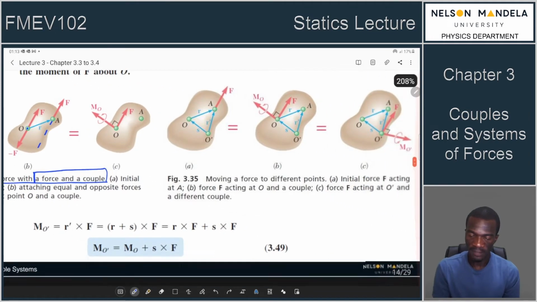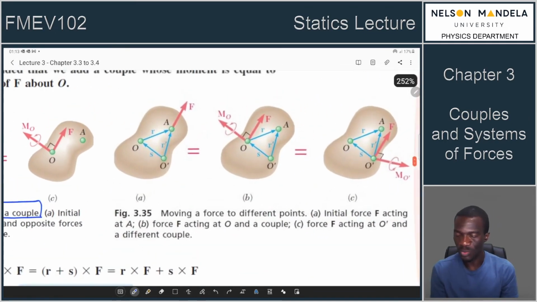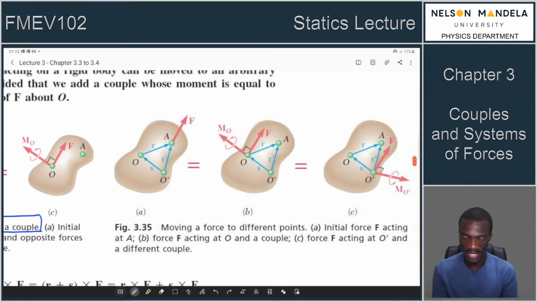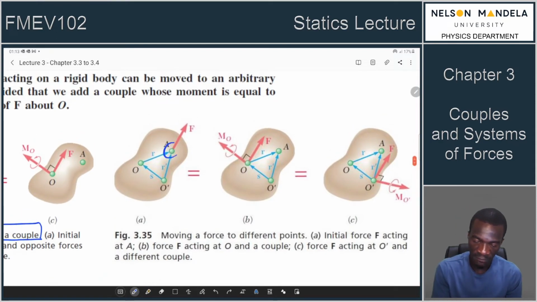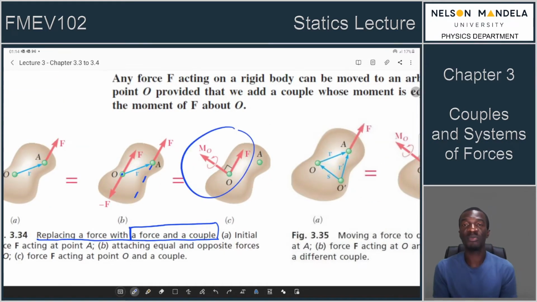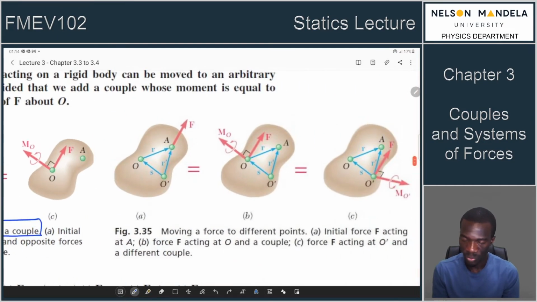Okay, so if you are to do it onto any other arbitrary point, remember we had moved our force to point O. When we moved it to point O, we had that case. Now we don't want to move it to point O. We want to move it to point O prime. If we want to move it to O prime, then the same applies.